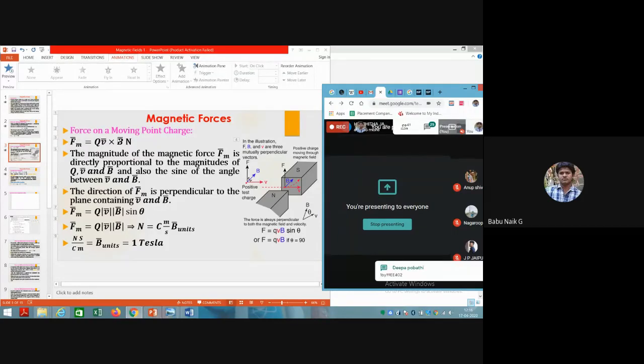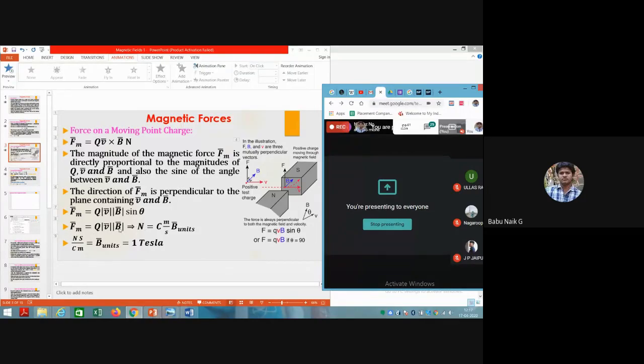So the cross product V cross B bar gives the charge times the magnitude of the velocity and the magnitude of the flux density times sine 90, which is 1. This gives the magnetic force in any field.